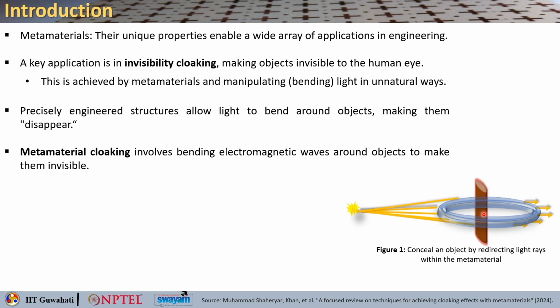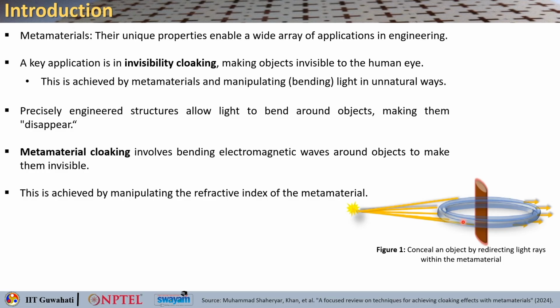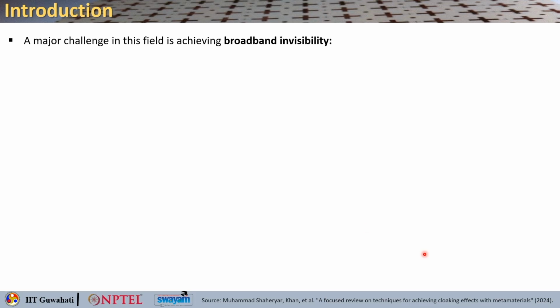Okay, so this is the object that is being hidden from the electromagnetic waves because of this structure that is basically made of metamaterials that can bend the electromagnetic rays around this object, and then after they exit from here, they exit in such a way as if there is nothing present in this particular ring. So, this kind of thing can be achieved by manipulating the refractive index of the metamaterials, right.